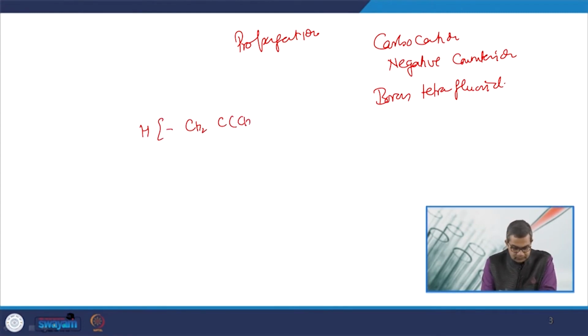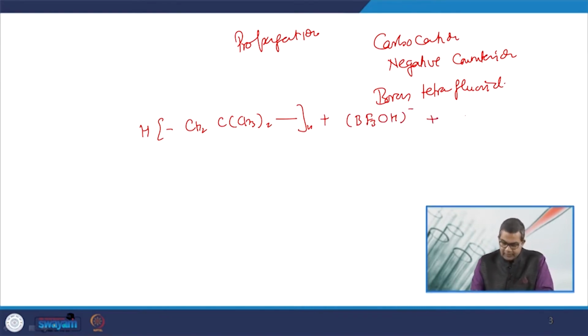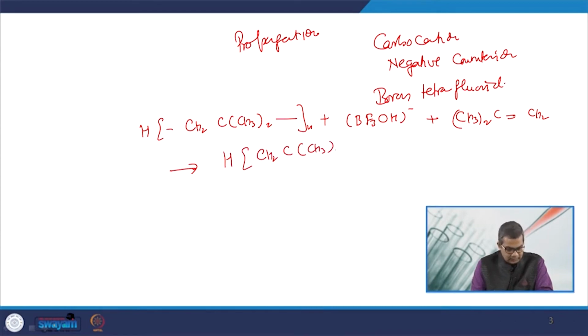CH2C, which we developed during the course of our initiation process, and CH2 double bond CH2, this may give you CH2 C CH3 twice, BF3OH.